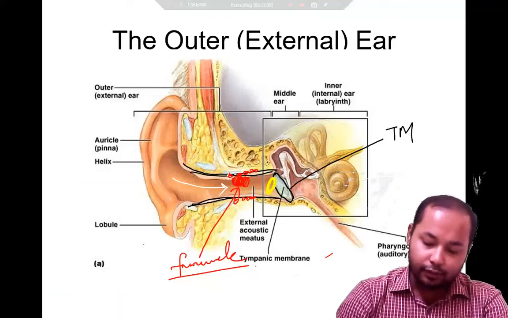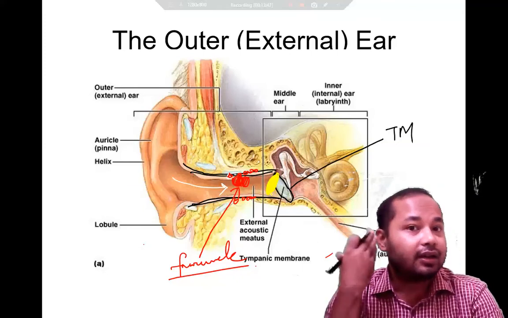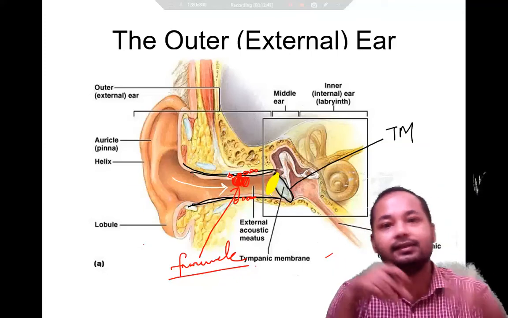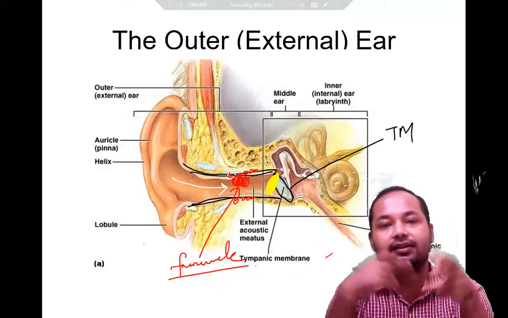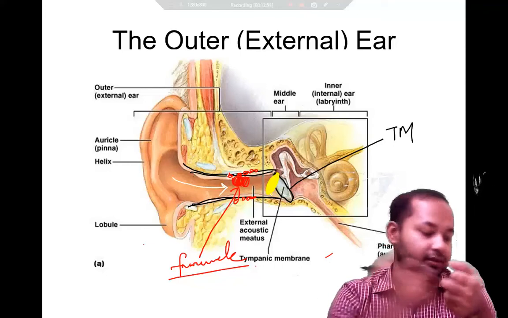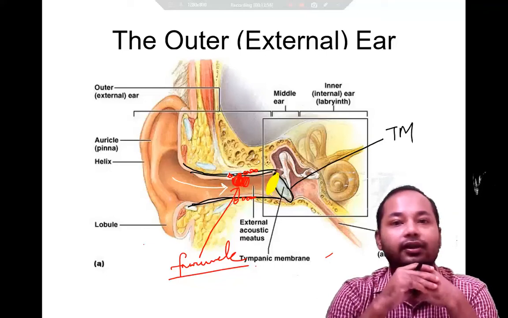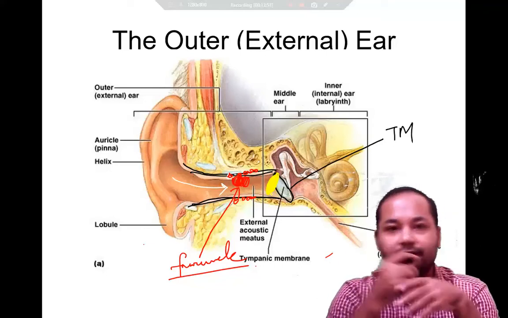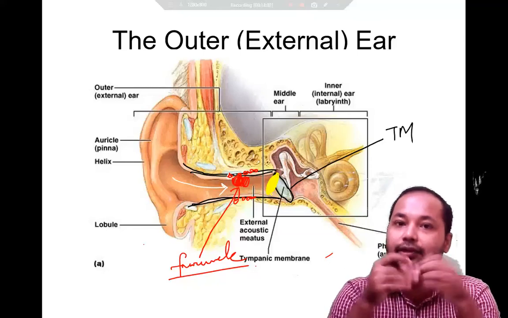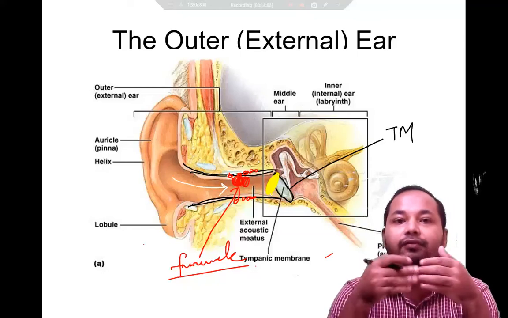Earwax will block the tympanic membrane, make it less mobile, so that you can't hear from the respective side of the ear. In that case, simply put a syringe and syringing is done. It is not the same syringe as you use for intramuscular or intravenous injections. That is a different kind of syringe. I am telling about the treatment part.